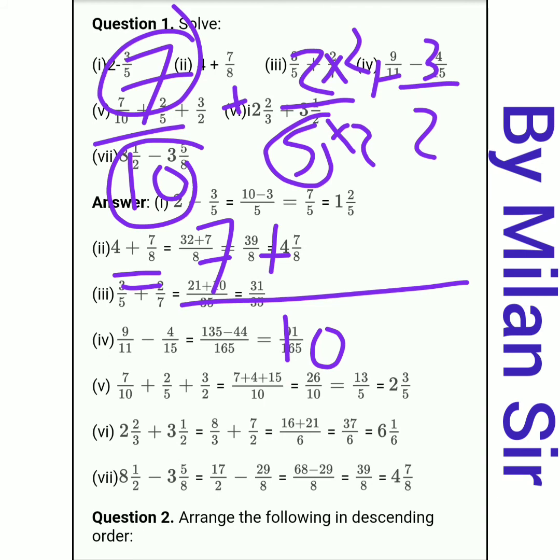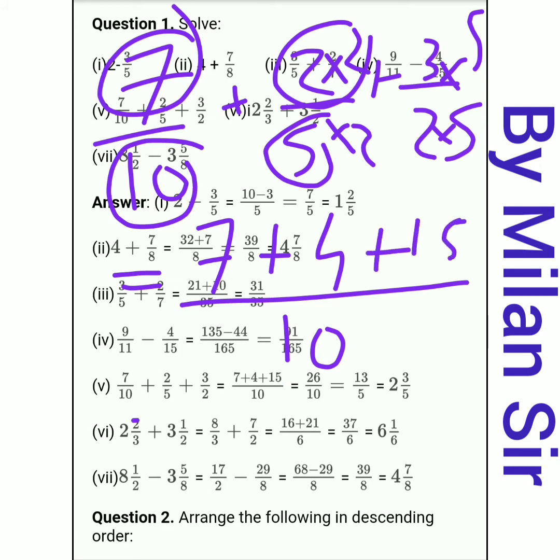Now in the numerator, 2 twos are 4. Right. Now in the last term we have denominator 2, so we need to multiply it with 5. Same thing you need to do in the numerator. So in the denominator 2 fives are 10, and in the numerator 5 threes are 15. Okay.